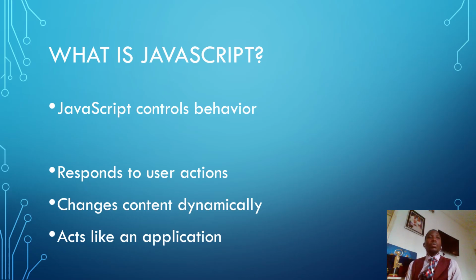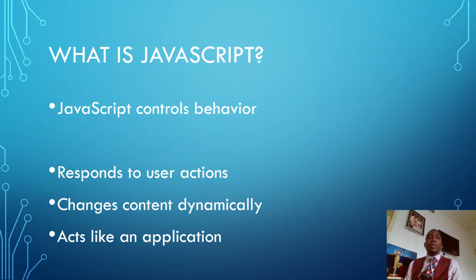Imagine you want to shop and you click on a button. What makes the button respond is your JavaScript. Then it changes content dynamically. That is, the content changes based on the action of JavaScript. So it makes your web page act like an application.